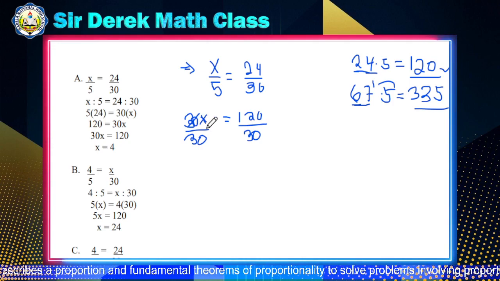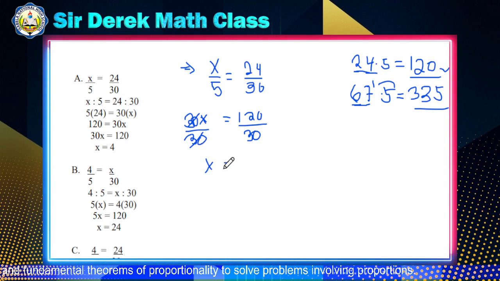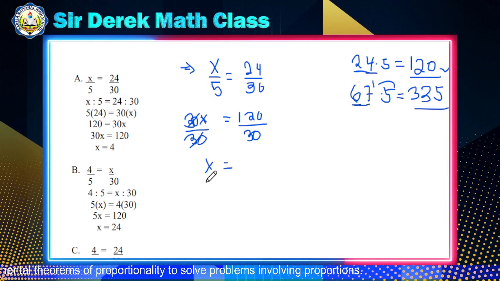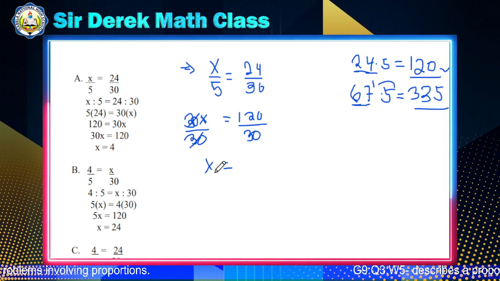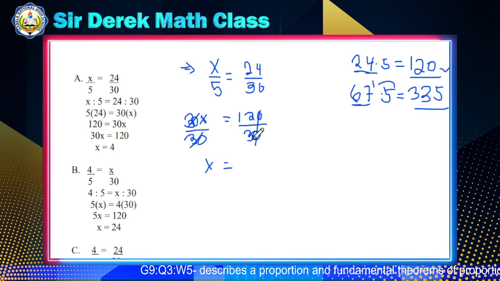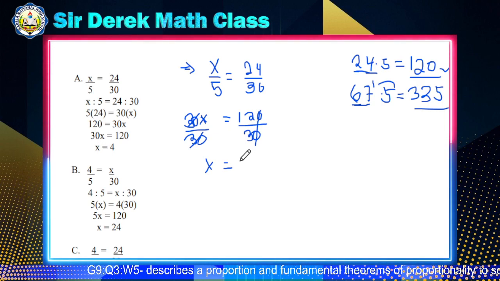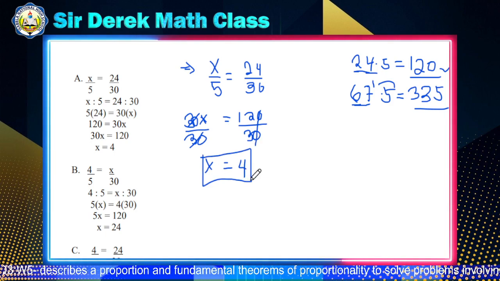Because we want to cancel 30 here and be left with only x. That's how it is in algebra, we always find the value of x. So don't relate this to your ex, because the x in algebra is only the unknown. Okay? So just cancel 0. 12 is the new number. So 12 divided by 3, or how many 3s are there in 12? There are 4. Okay, so we already solved for x, which is 4.